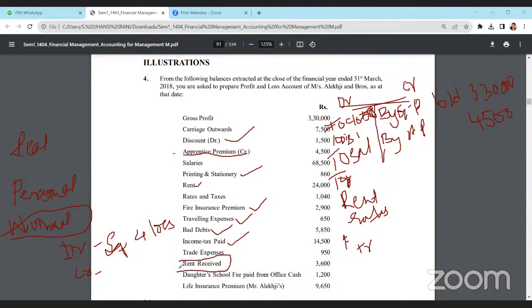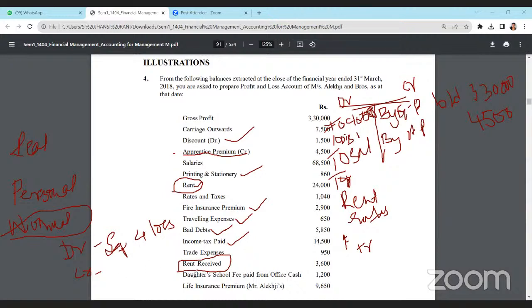If you can see here, they only gave us rent. They did not mention whether it's an income or expenditure. When nothing is mentioned, we take it as expenditure only.